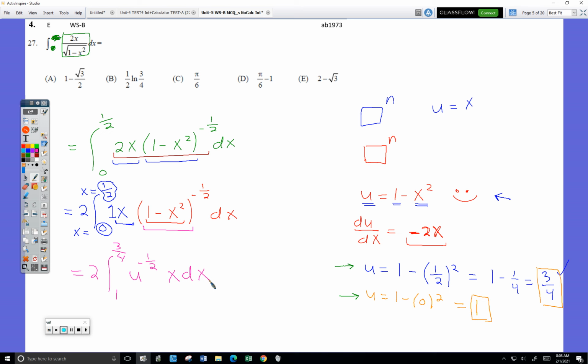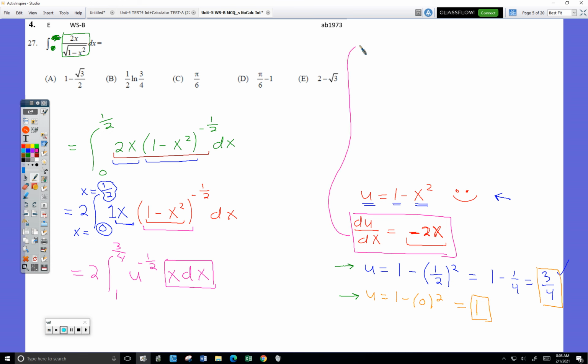Awesome. So now, just like the buff sheet, we're going to use this to make a replacement for this. So, get some room here. Normally I would want you to just keep going down the page, but I ran out of page, so we'll go here. So I multiply both sides by dx, multiply both sides by negative 1/2.